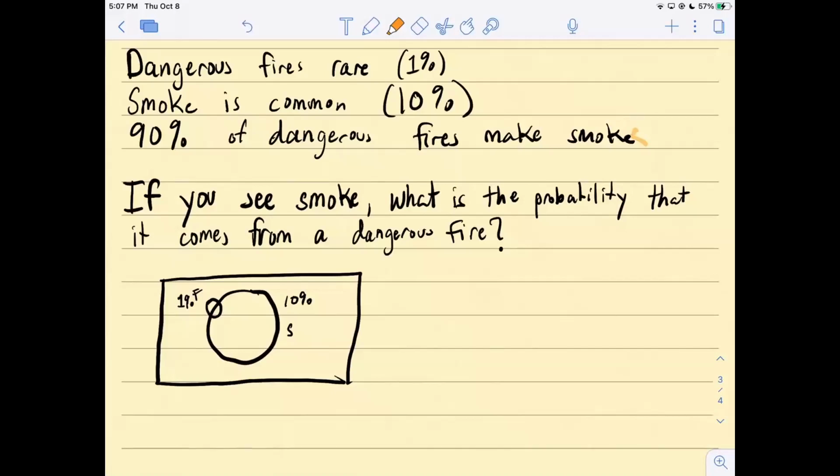So the probability of fire and smoke is equal to the probability of fire times the probability of smoke given fire.